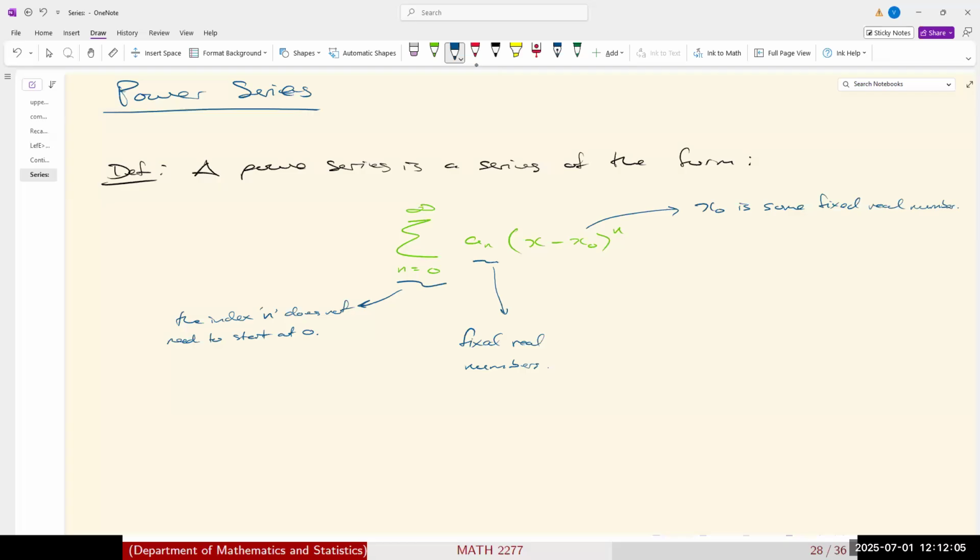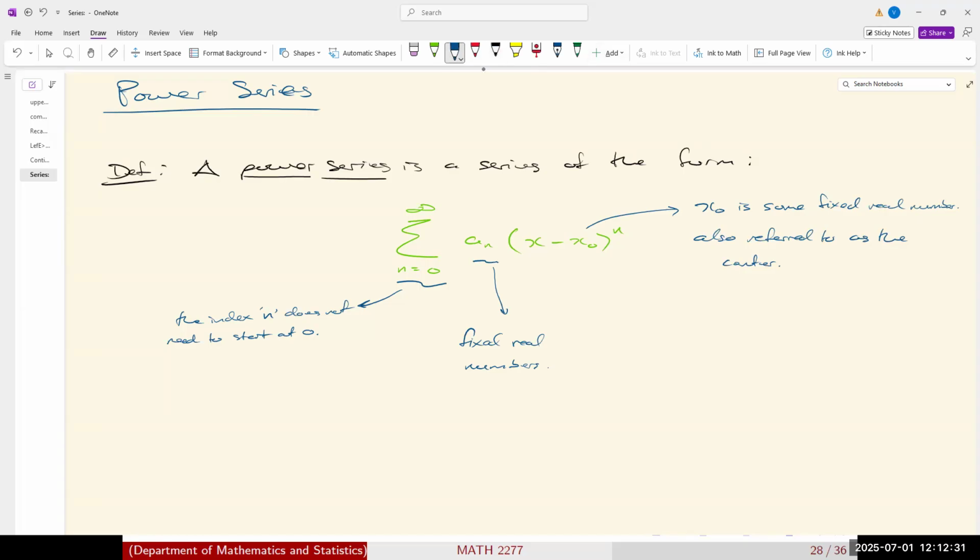Sometimes it's referred to as the center. We'll see why in a bit. It links to the neighborhoods.